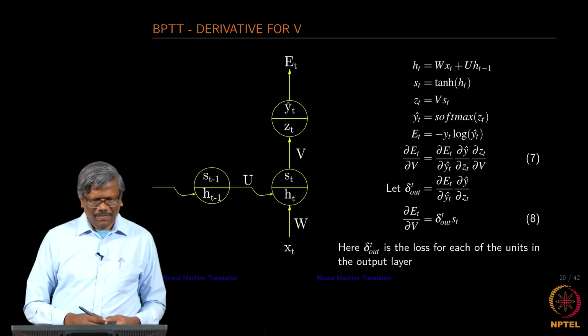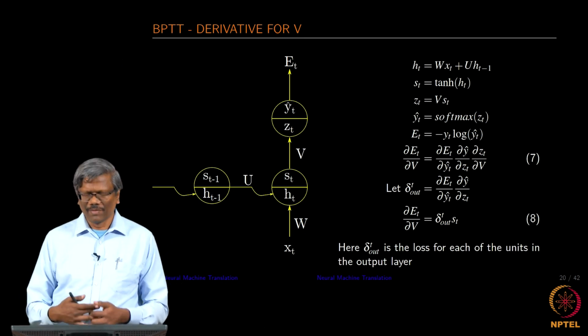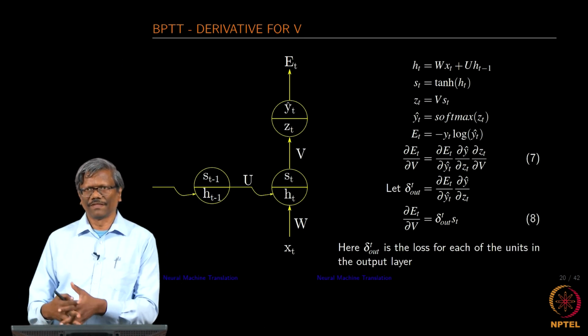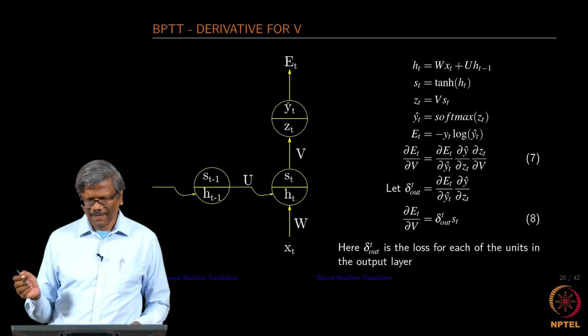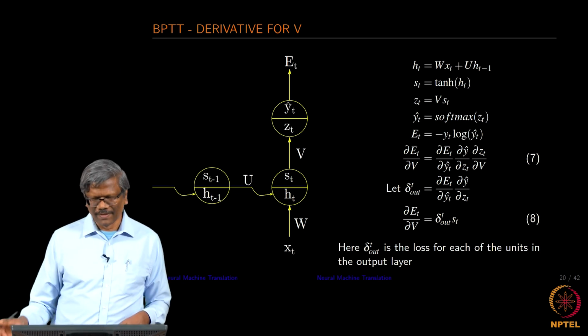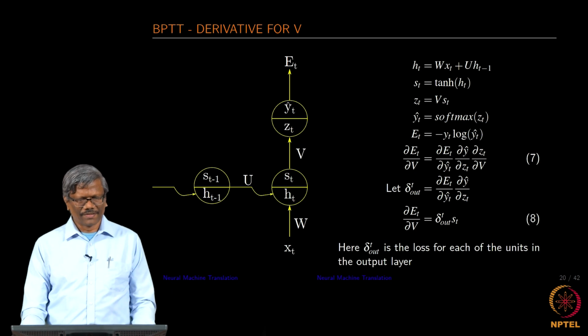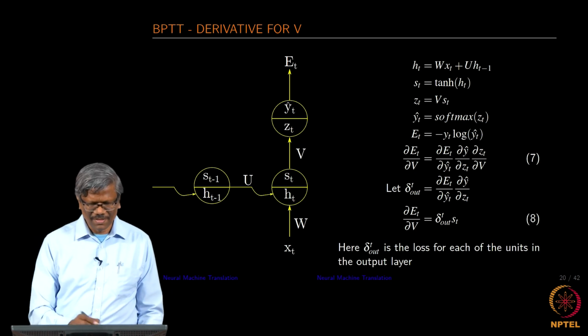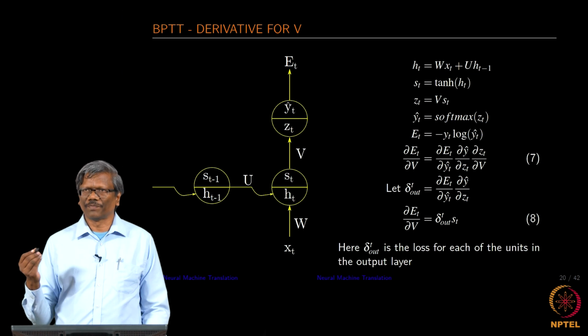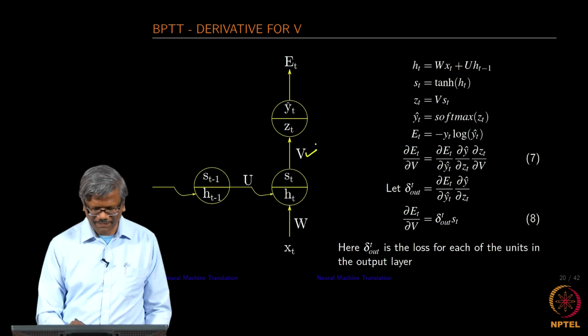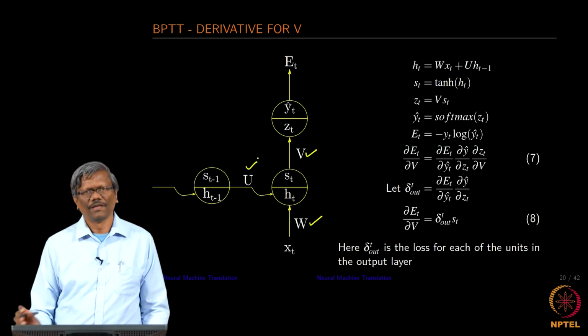Okay. So, this I think again is very familiar to you. What I have given here is for your understanding. I have brought some of the back propagation through time slides into this. So, as I mentioned, what are the parameters that we have to learn? We have to learn V, W, and U here.